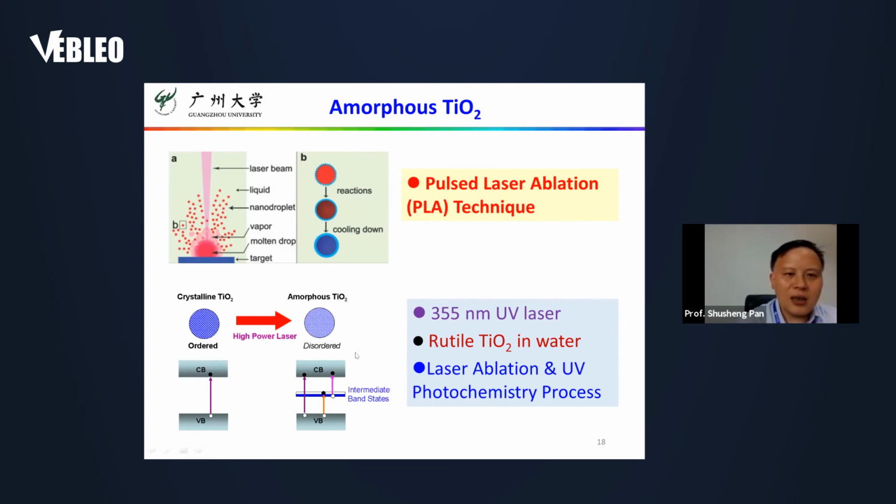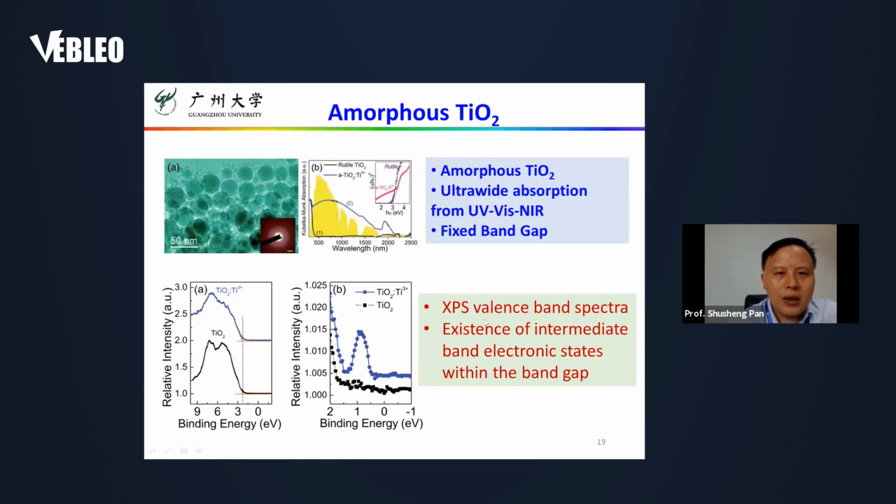And the color of titanium oxide is changed from white to blue. This is the TEM result. The titanium oxide is amorphous, and this is the optical absorption of titanium oxide.